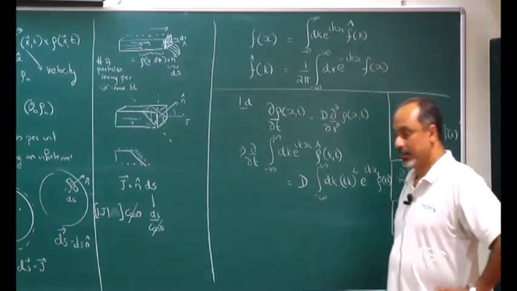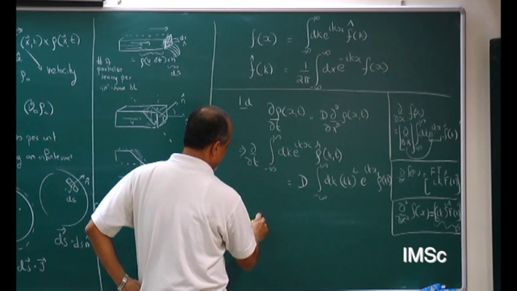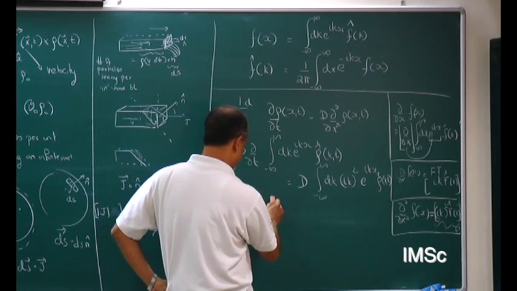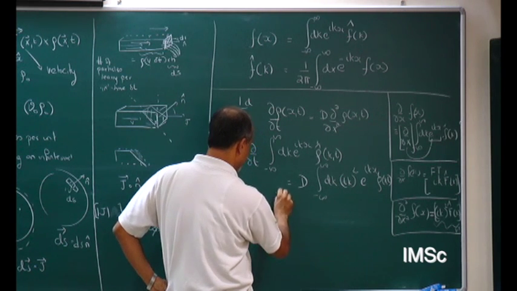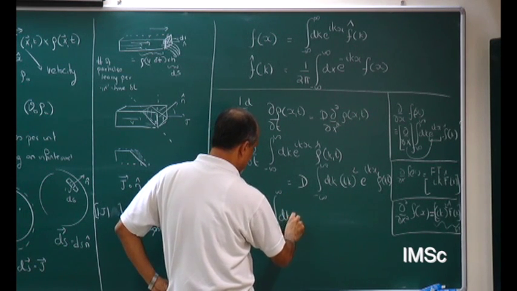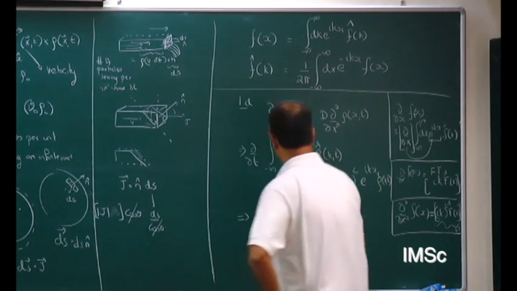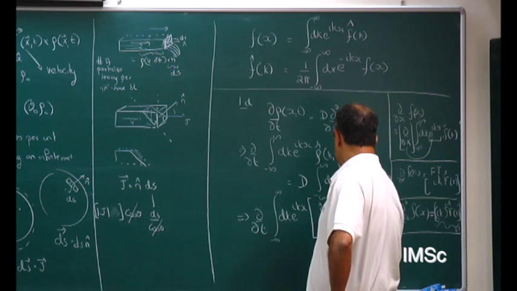Okay. Let me now simplify this, and now I will write this as delta by delta t of the integral from minus infinity to infinity dk e to the ikx. So now I can put rho hat of k comma t here.